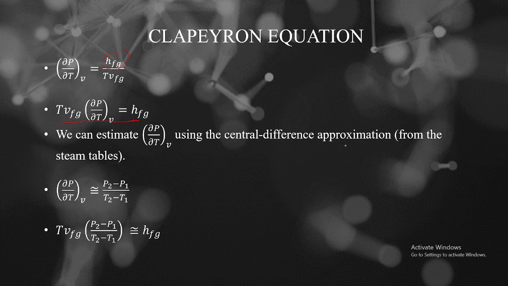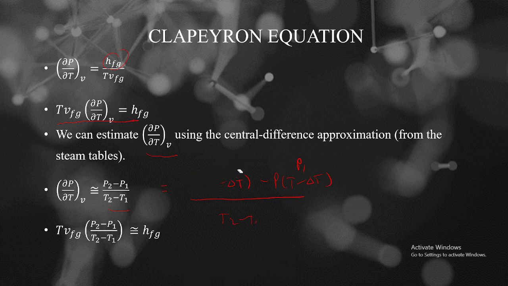And then using the central difference approximation from the steam tables, we can write del P del T at constant V in this form, where we have P2 minus P1 over T2 minus T1. Or we could say P at T plus change in T minus P of T minus change in T. So I'm representing this with P2 and this with P1, right? All over our T2 minus T1.